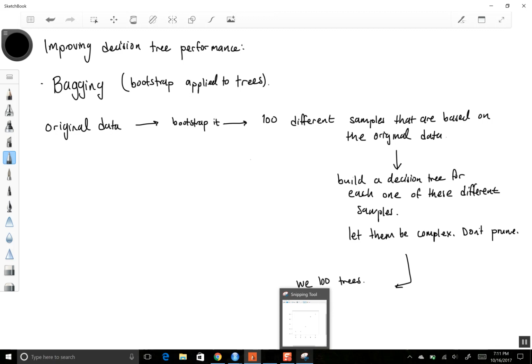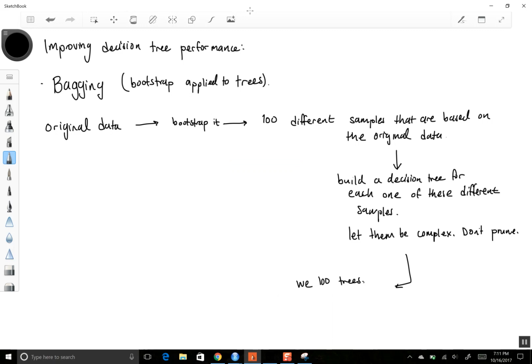All right, and so these trees, they're all going to be kind of similar. They're all similar, but they're not the same, right? Because each of these bootstrap samples of data do differ from each other a little bit.